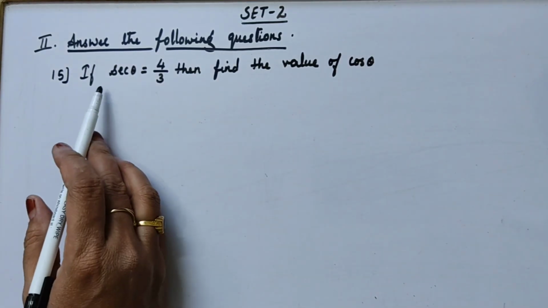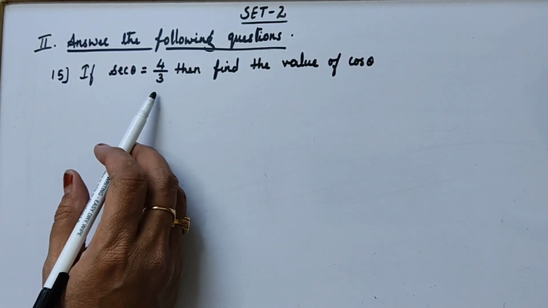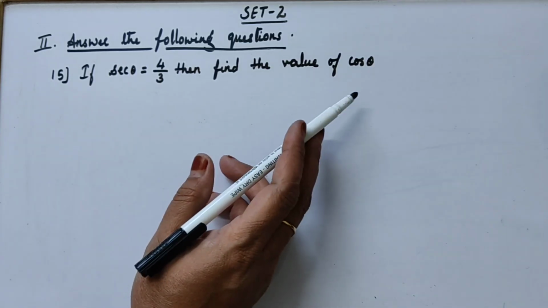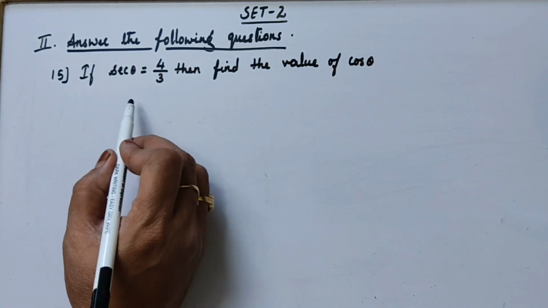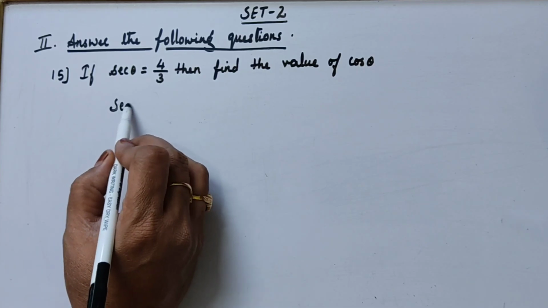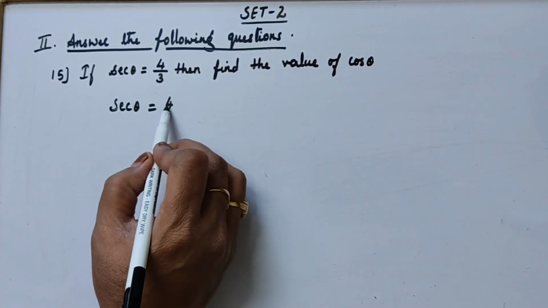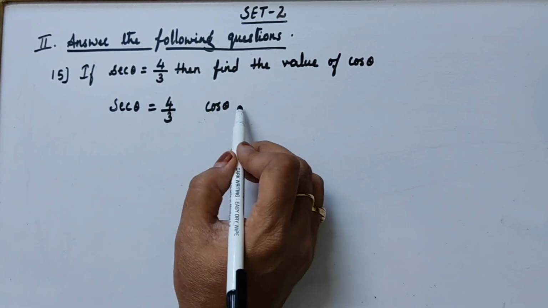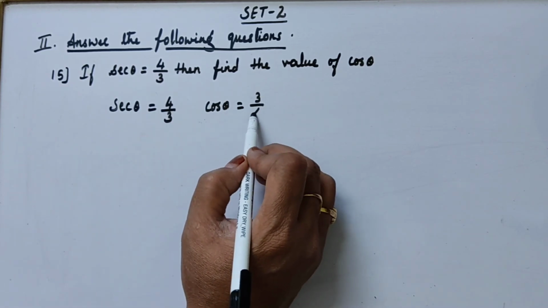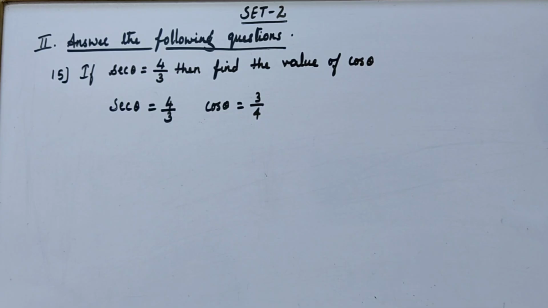Here, if secant theta equals to 4 by 3, then we need to find out the value of cos theta. Understood, students? Here, secant theta equals to 4 by 3, then cos will be the reciprocal of secant. That will be 3 upon 4.